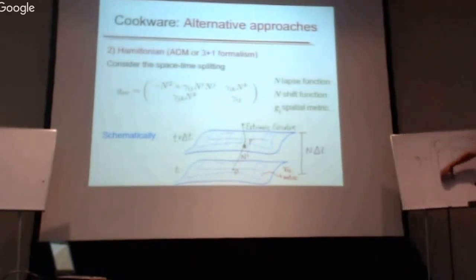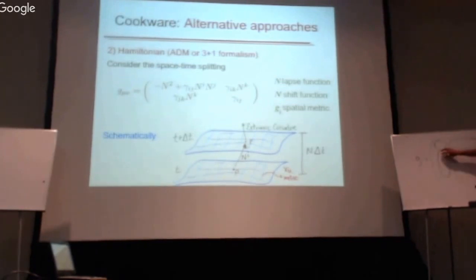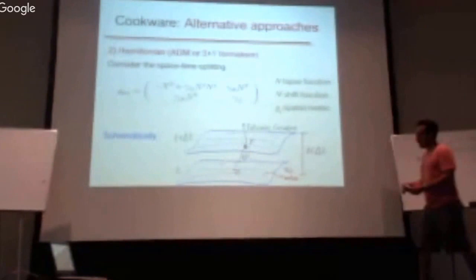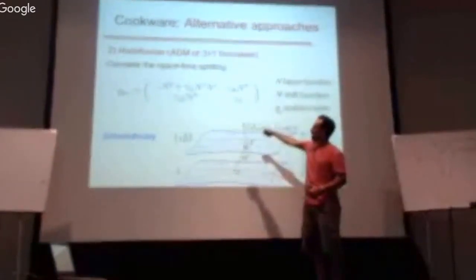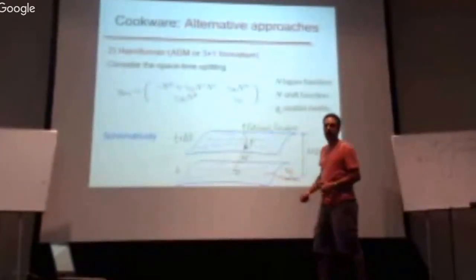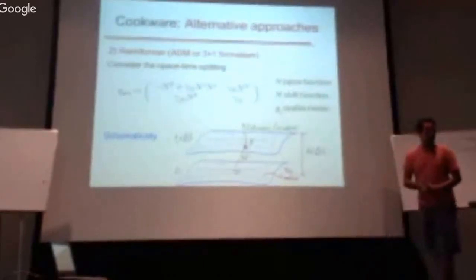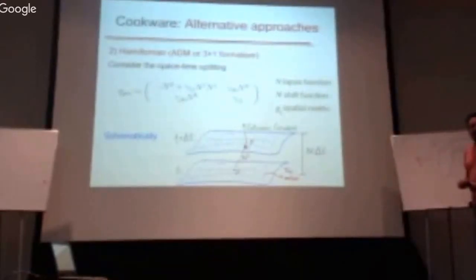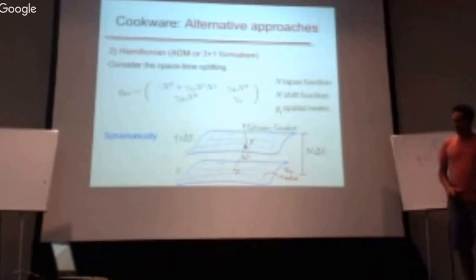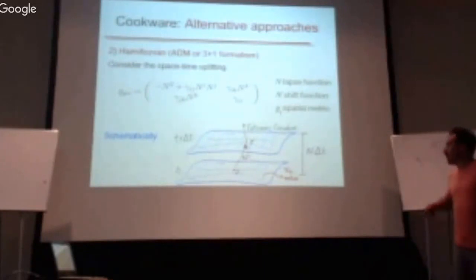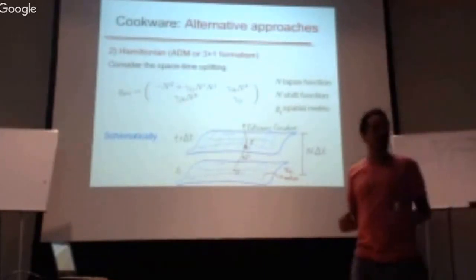These components here look like normal three-dimensional vectors. They are given by this N, the index k, and then the metric here remains the same. So schematically, what I'm doing is splitting time and space.